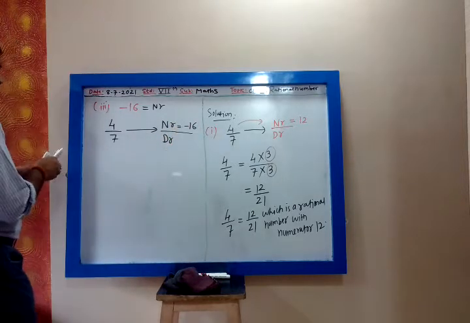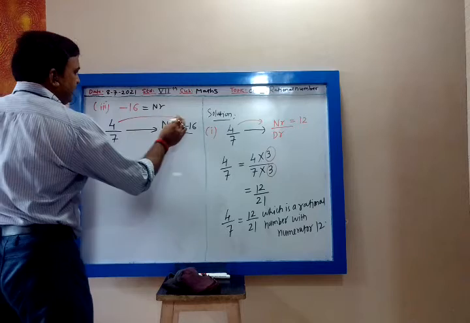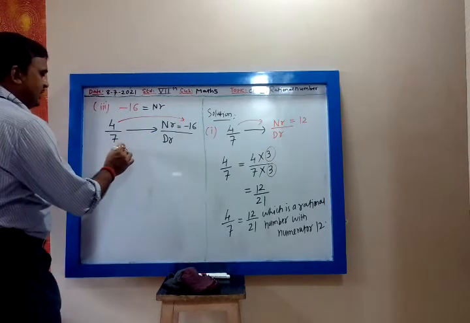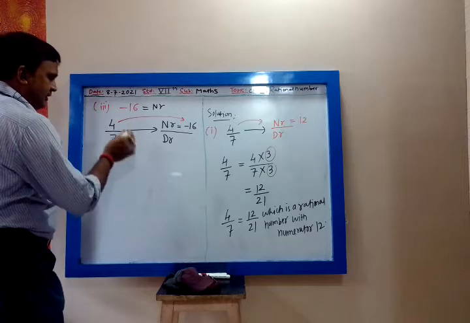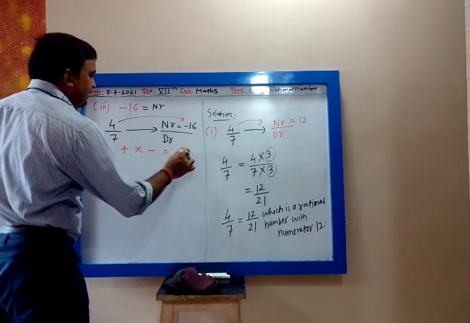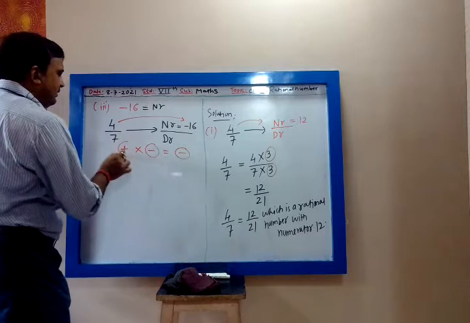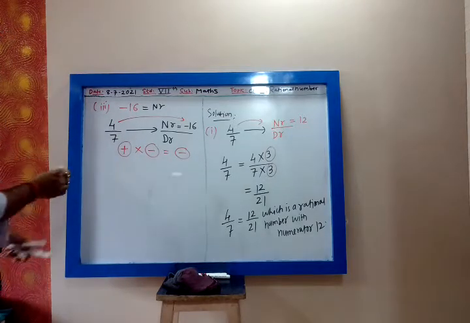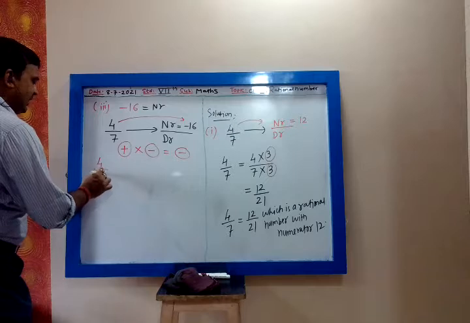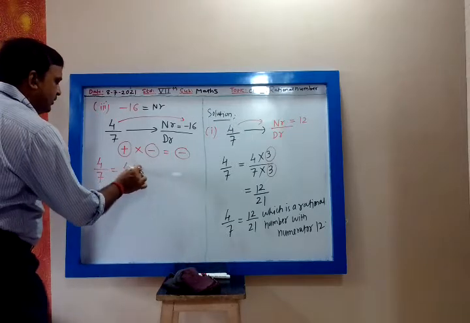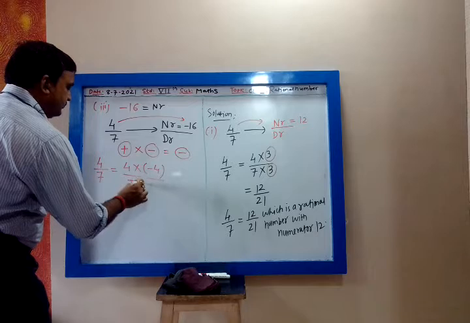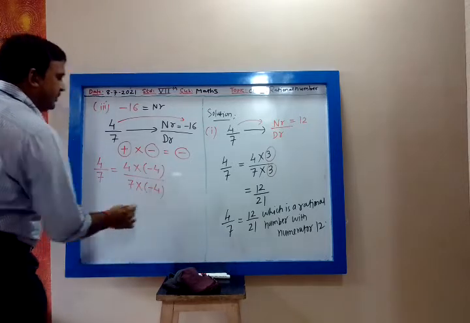So this plus 4 we have to convert to minus 16. Whenever a positive number is multiplied by a negative number, the result will be negative. So multiply and divide by minus 4. So 4 upon 7 I can write as 4 into minus 4 upon 7 into minus 4. Multiply numerator and denominator by minus 4.